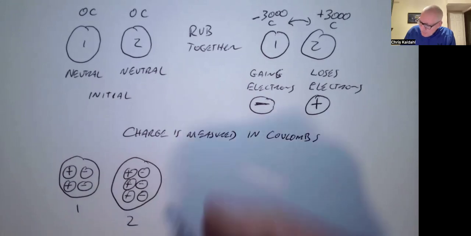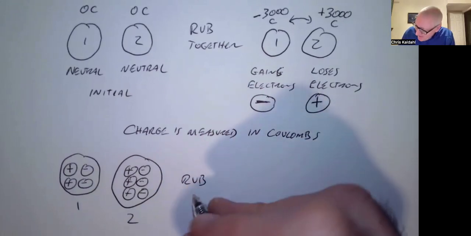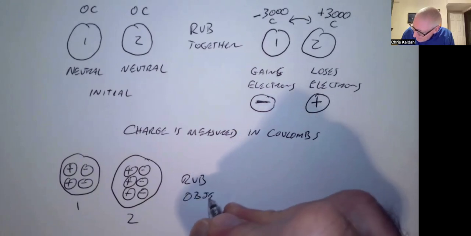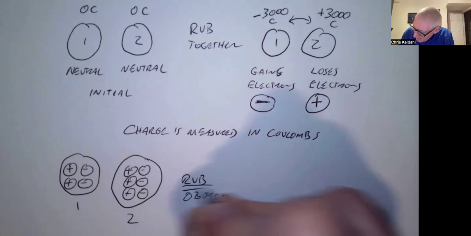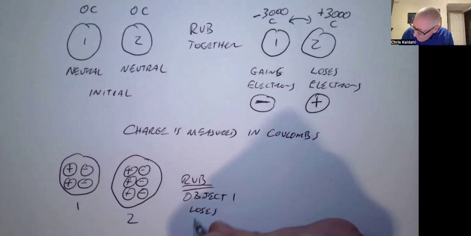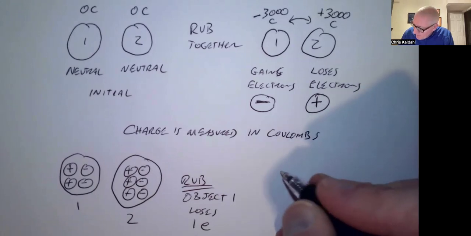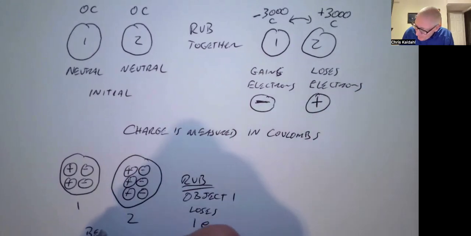All right, and so we rub them together. And let's say that object 1 loses 1 electron, all right? So then this would be our before picture.